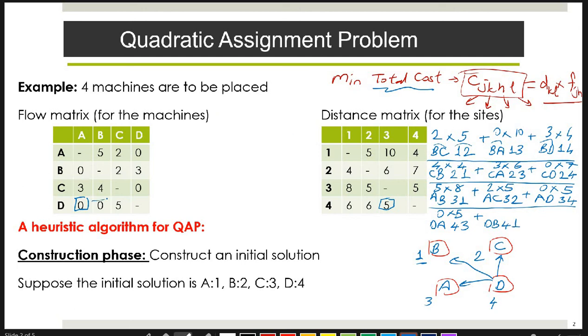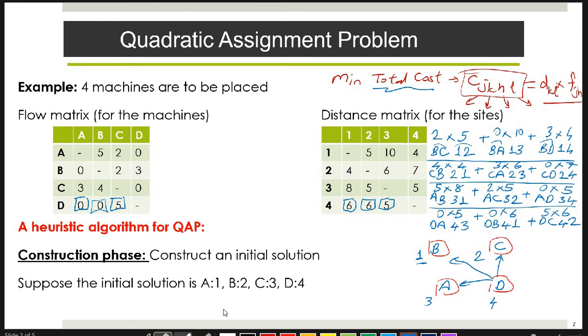So D to B flow is 0 multiplied by 4 to 1, distance is 6, plus D to C, where D is in 4 and C is in 2. So the flow D to C is 5 multiplied by the distance 4 to 2, which is 6.